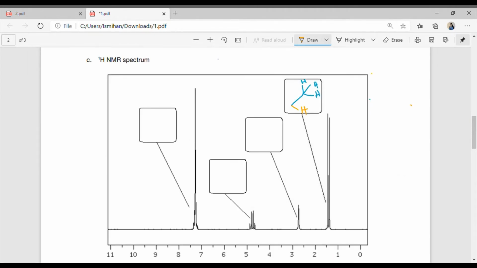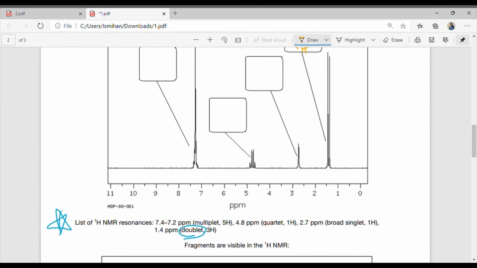And yeah, so then the next one is this 2.7 broad singlet with 1 hydrogen. Now, remember what I said last time about broad signals and infrared spectrums: there's a high chance of intermolecular forces. The reasoning for that is that there's a dispersal of energy. It's not just one sharp, narrow signal because it's not an exact energy.